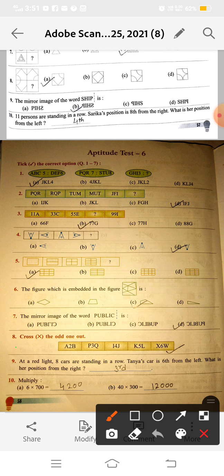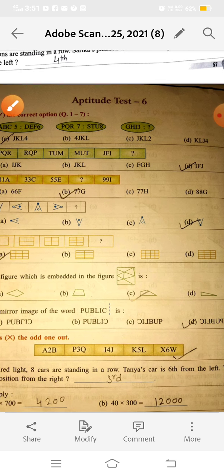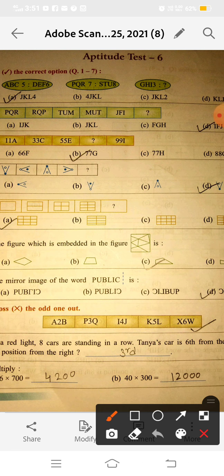Now question number 8: cross the odd one. See which is odd in the 8th question. Here we have letters and numbers.